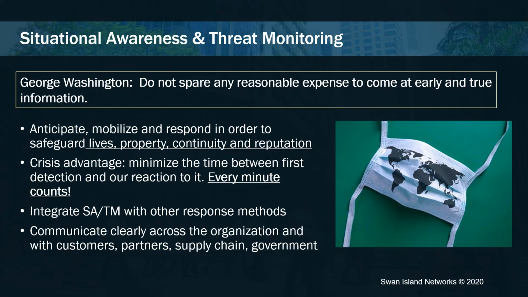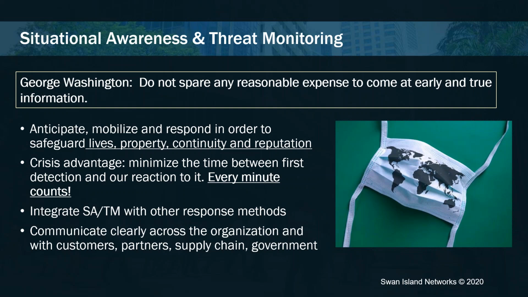In a crisis, we do want to minimize the time between first detection and our reaction to it, being ready with the information that will allow us to act fast when it counts. It may be important to integrate the situational awareness and threat monitoring with our other response methods. And these may be unique for each organization.